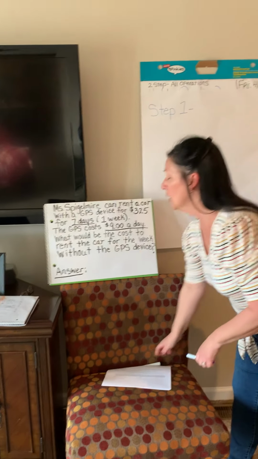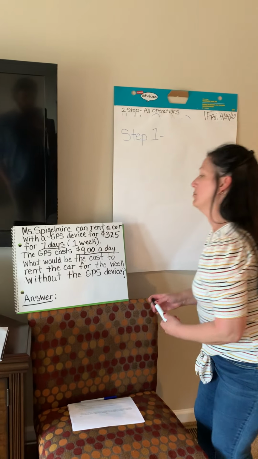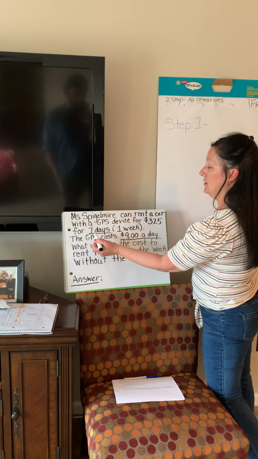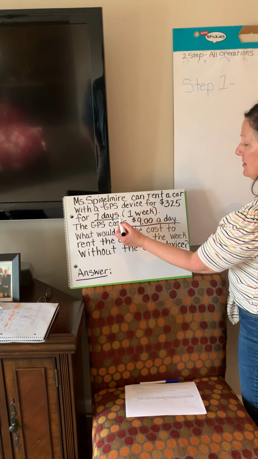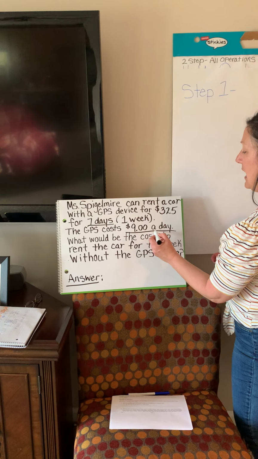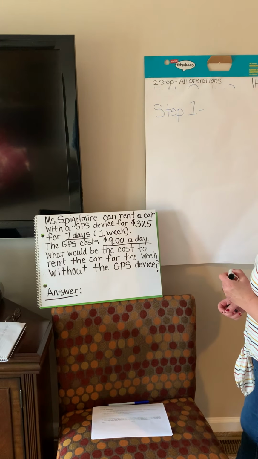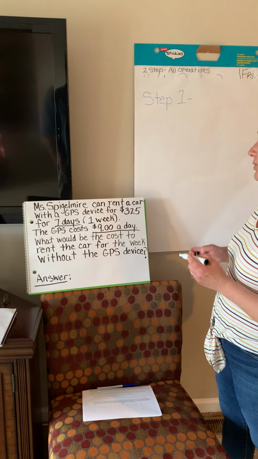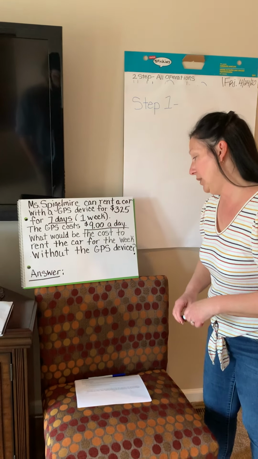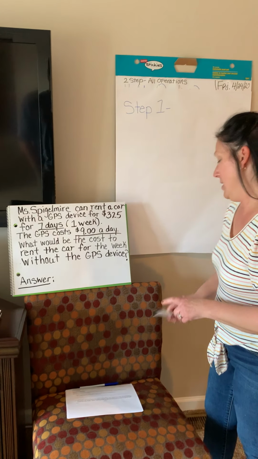We're going to start by underlining what is important. We know that she rented the car for 7 days. We know that the GPS cost $9 a day. And we need to find out what the cost would be to rent the car without the GPS device.